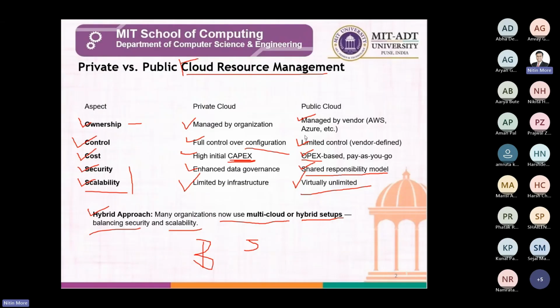So avoid these common mistakes: ignoring training of the people, avoiding automation, that is the process issue, and overusing the resources, that is technology, right?